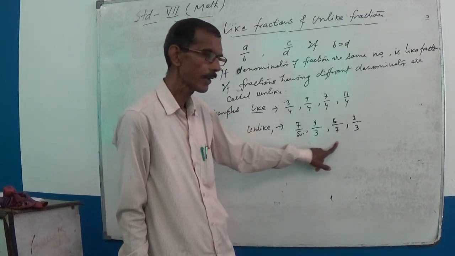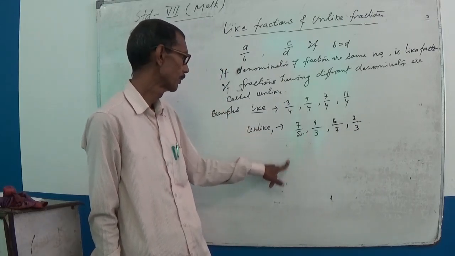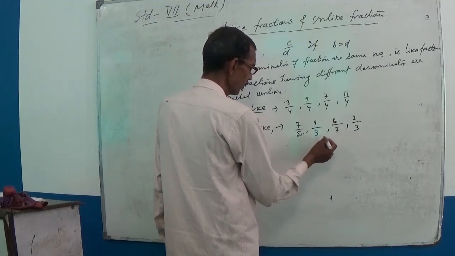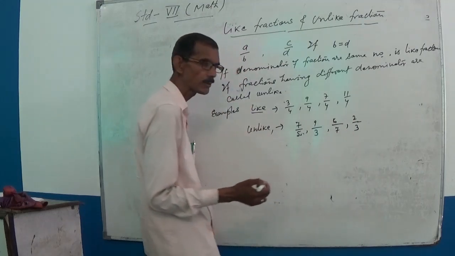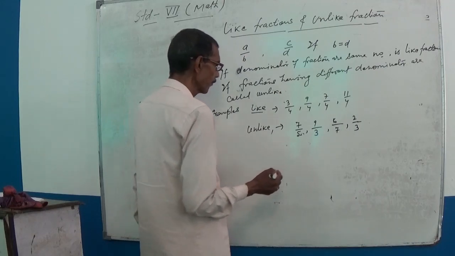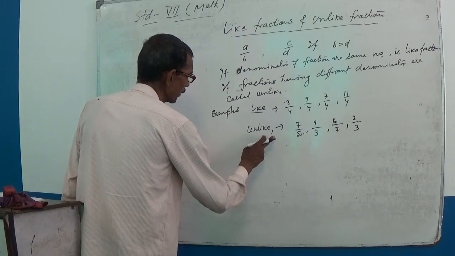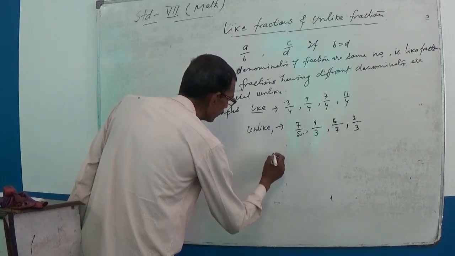These fractions are unlike because the denominators of all the fractions are not the same. Now you can change unlike fractions into like fractions.